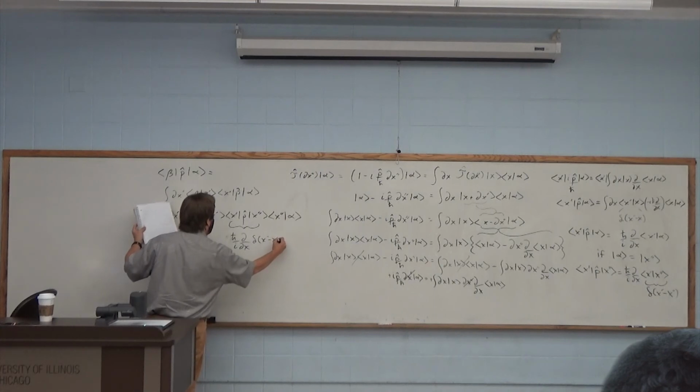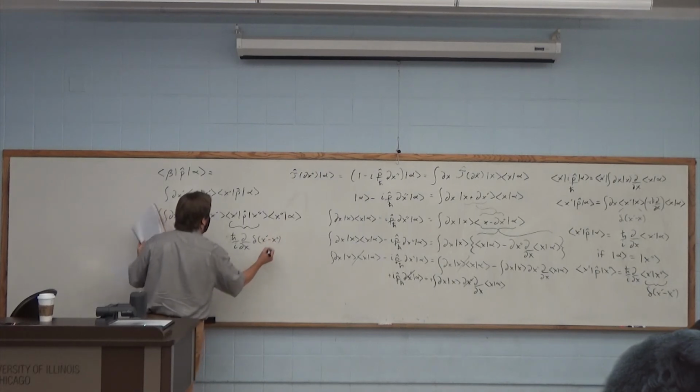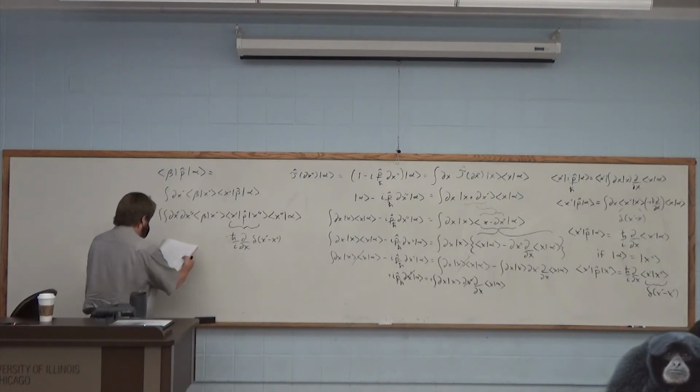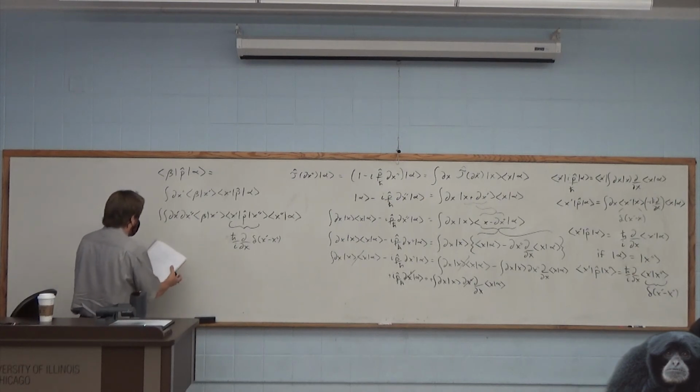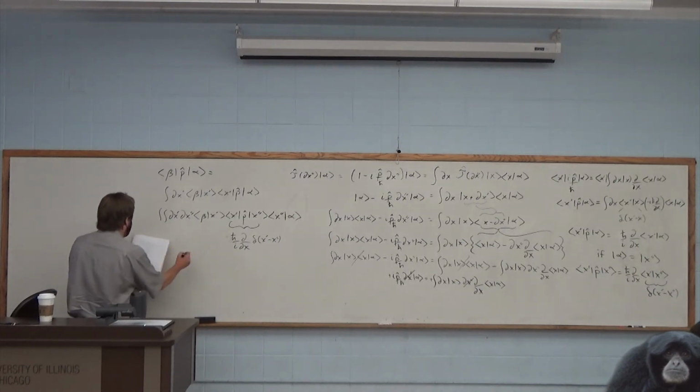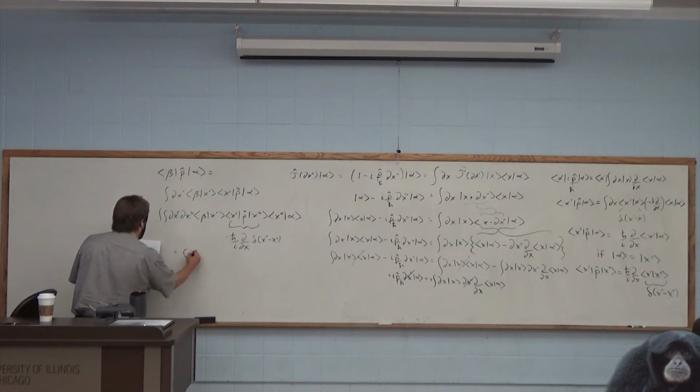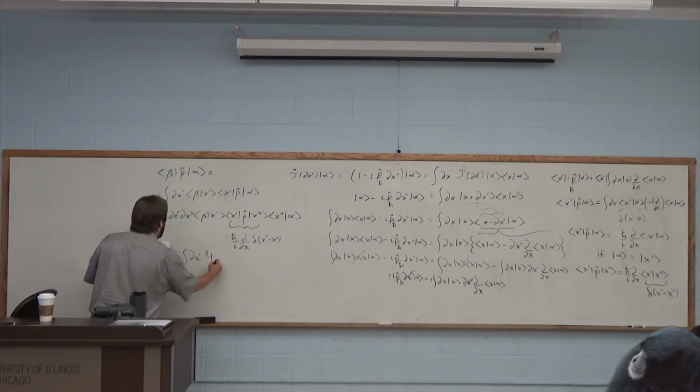So it ends up being an integral killing the Dirac delta function, and the end result ends up looking basically like this. We got a wave function, the beta wave function is a function of x.